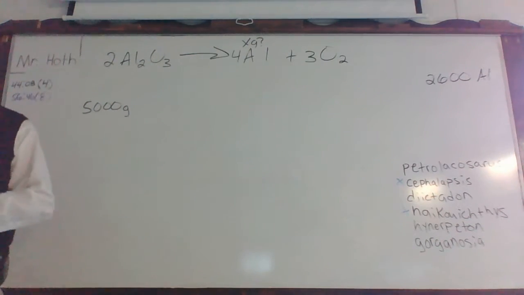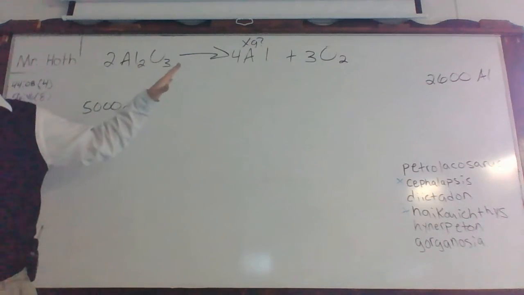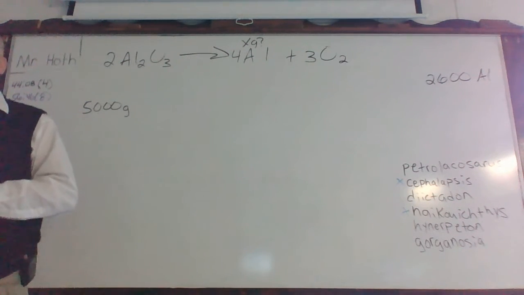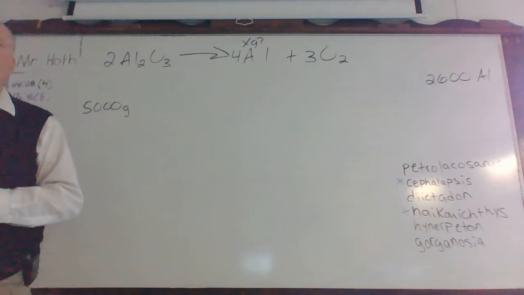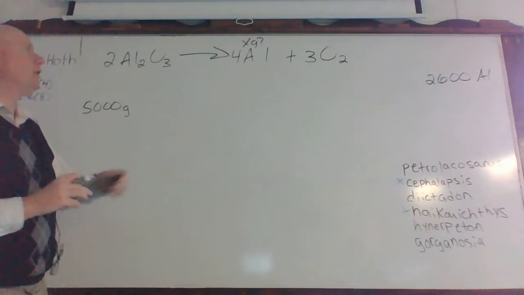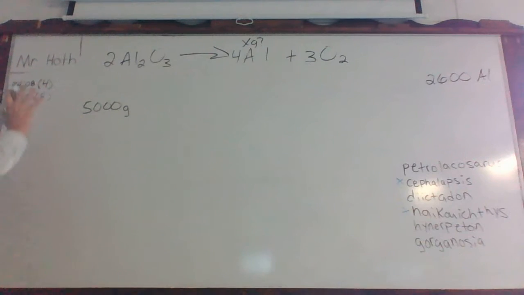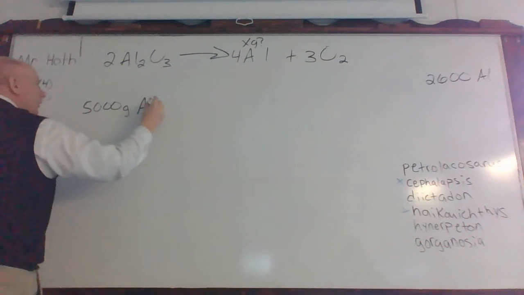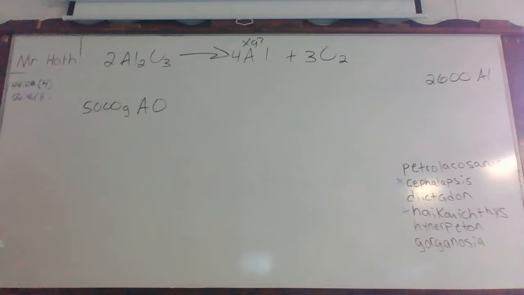Or could you not care less whether we put that up there? You could not care less. Okay. So we've got 5,000 grams of aluminum oxide. If you just want to write it like that, that's fine, because we know we're referring to this aluminum oxide.